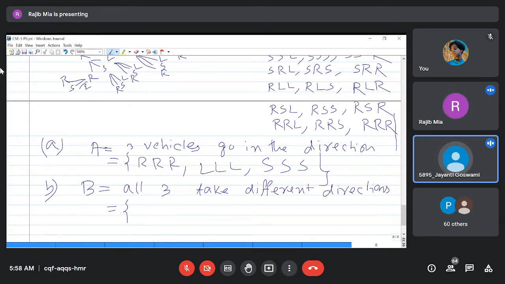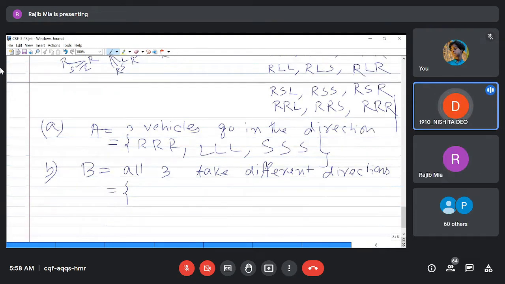RSL, RLS, LSR, LRS, SRL, and SLR. There will be six outcomes.